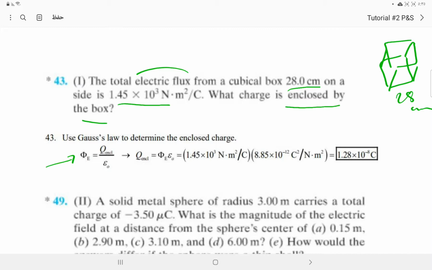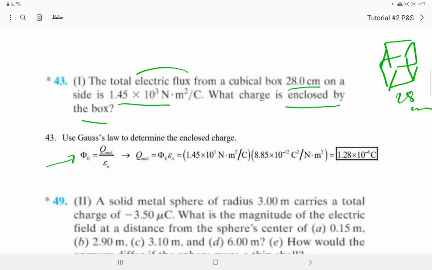Flux is this sign here, phi. And we know there is a relation between phi and the charge enclosed. We know that phi equals the integral of the electric field multiplied with the Gaussian surface, and that should equal the Q enclosed with that Gaussian surface over the free space permittivity, epsilon naught.